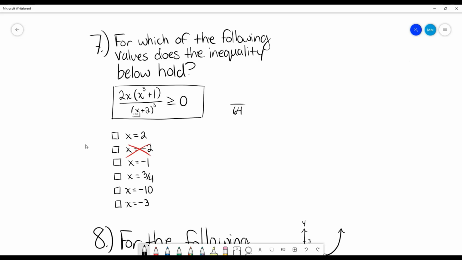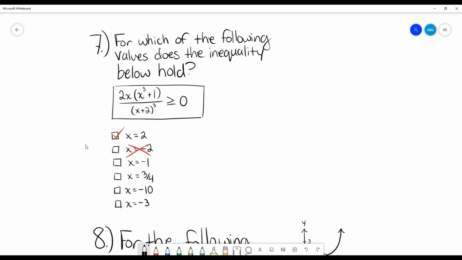And then we're still just plugging in that 2, so we've got 2 times 2, which is a 4, times 2 to the third, which is 8, plus 1, which is 9, which is then 36 over 64. Is that greater than or equal to 0? Absolutely, because this is a positive value. So this value works. Let's go ahead and check some of our others.